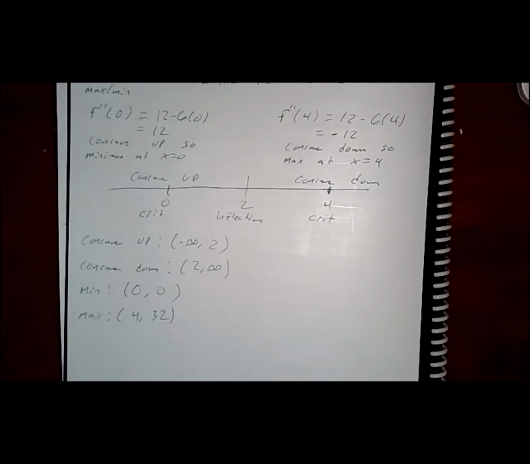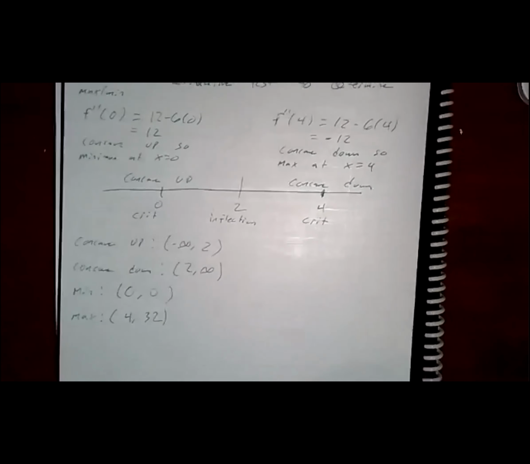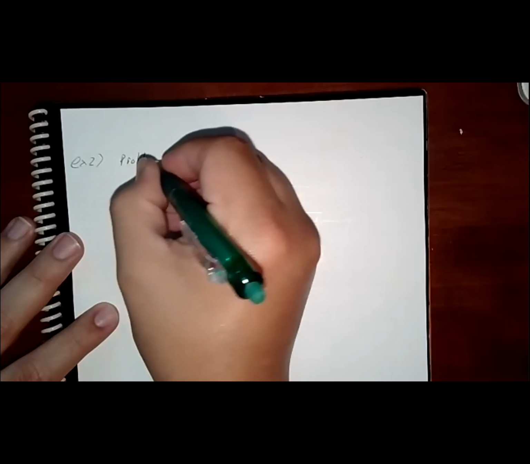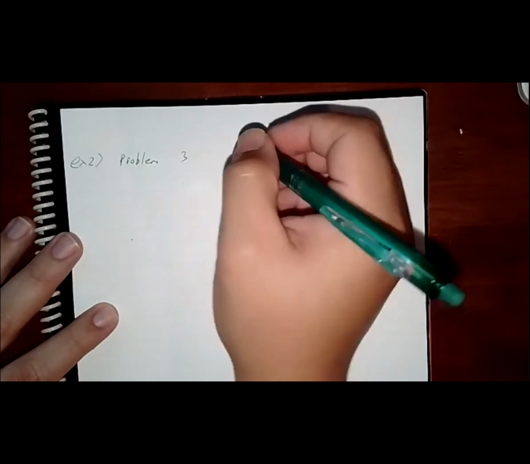So let's do an easy one where we just answer the basic question first. Number 3, because I know I did a lot of stuff on that question there. So example 2, problem 3. We will just figure out where we are concave down and up.